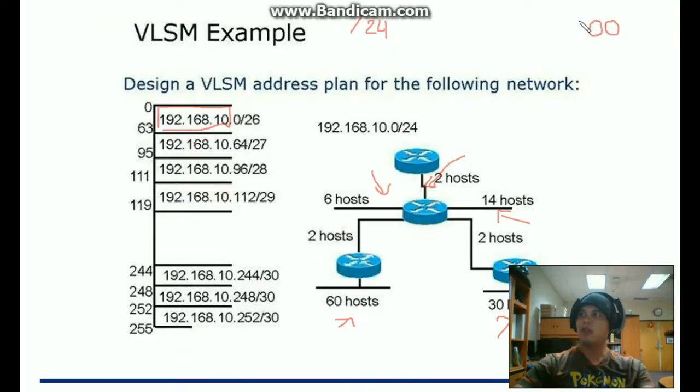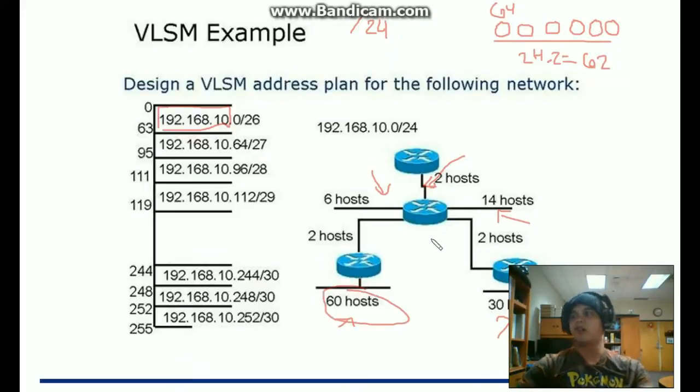Another 0 is 4, 8, 16, 32, 64. All right, so 2 to the h minus 2. If we have 6 bits, which equals 64 minus 2, that gives us 62 hosts per subnet.